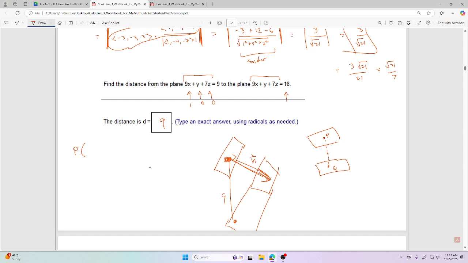It's not always X, it's not always Y, it's not always Z. But what would be another alternative? Give me another one that's easy. Yep, 0, 9, 0. That's another point. Perfect. See how we're trying to keep it easy, right? Good. So any one of those would still make a 9 in the end. I'm going to go with the 1, 0, 0, of course, because that's really simple.